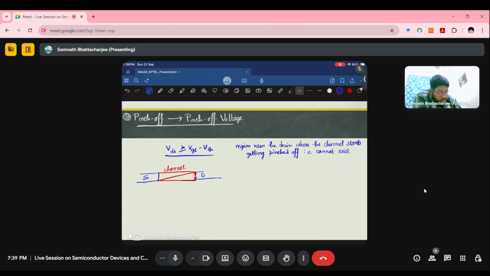Now, this means it is already in the saturation region, obviously.